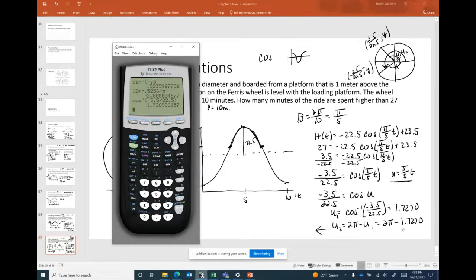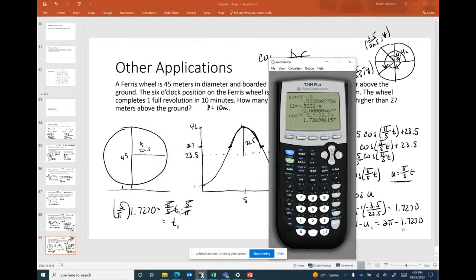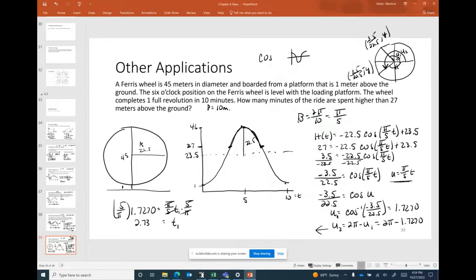It's going to be 5 times 1.7270 divided by pi. There it is, 2.7375. So 2.7375 minutes after the ride starts, we first hit the 27 feet above the ground.